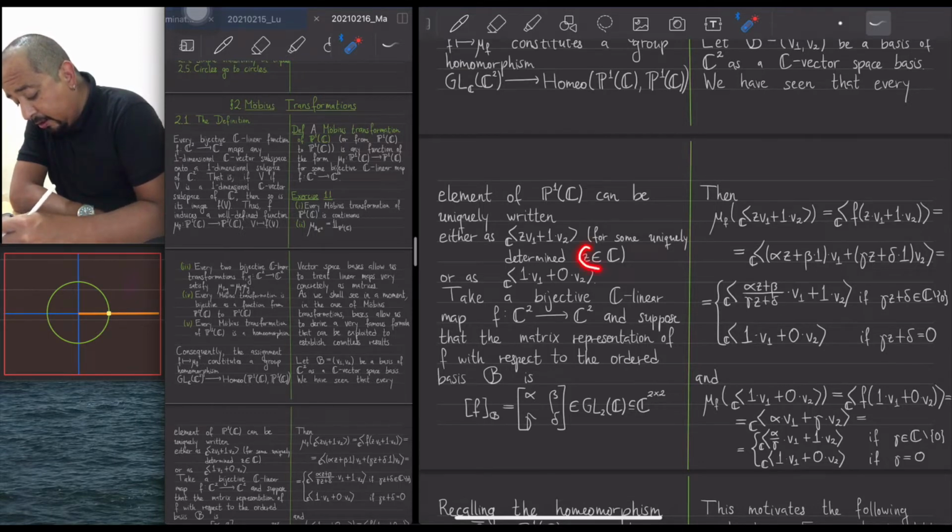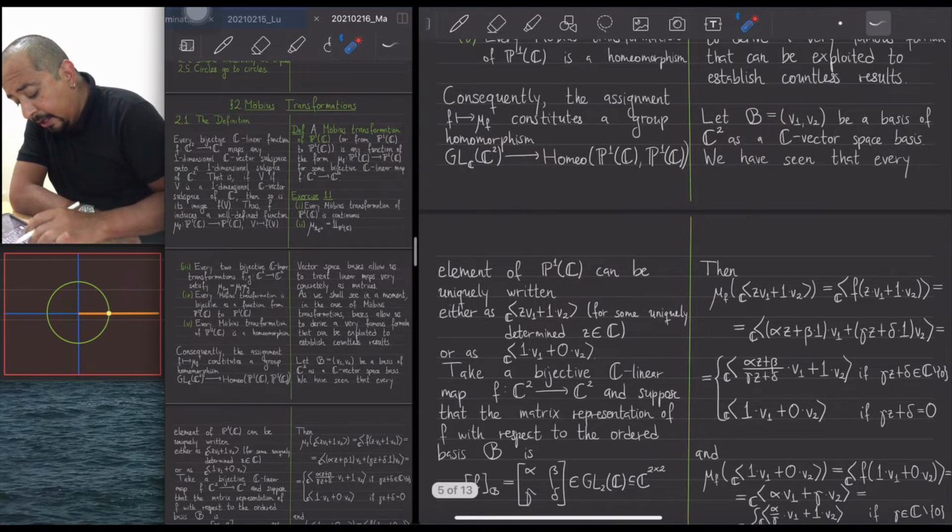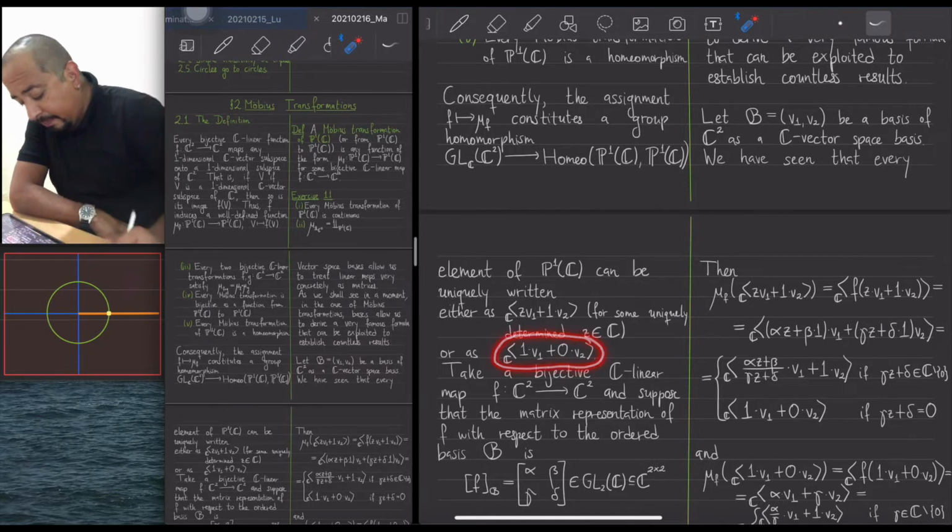For each complex number, one considers this one-dimensional vector subspace with this representative, which is somehow special for our given choice of basis, and representing the point at infinity of C bar as this one-dimensional vector subspace.